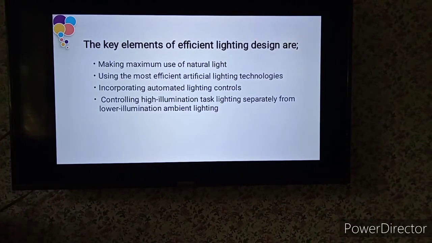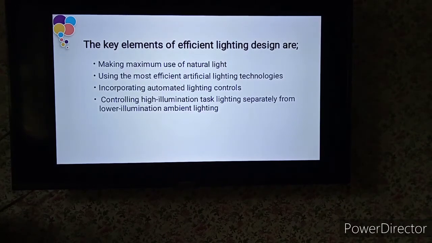Then using the most efficient artificial light technologies, so saktong paggamit sa suga, dili ta mag tala-tala lang og gamit sa suga tungod kay ganahan. So dapat ato gyud i-consider ang mga suga nga quality, ug appropriate nga gamiton.